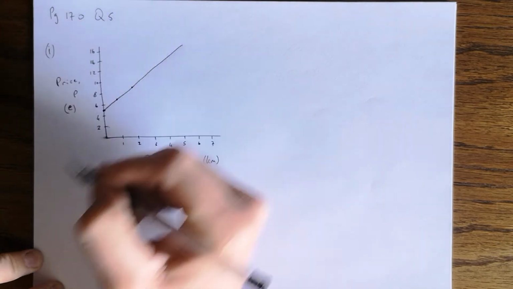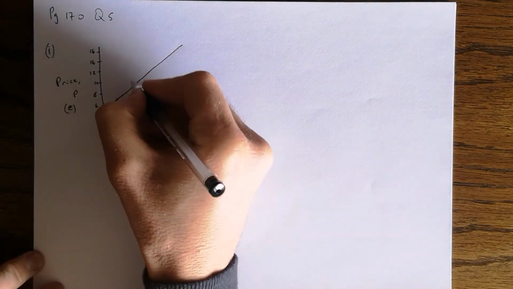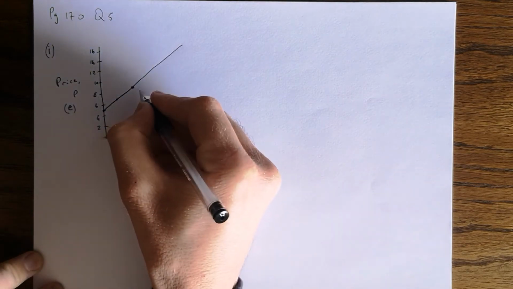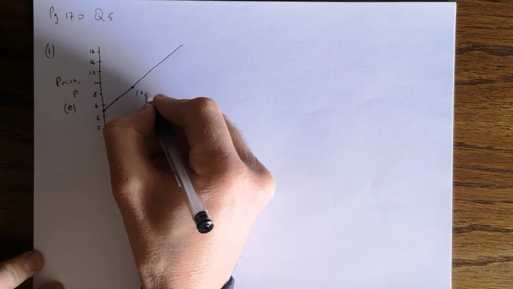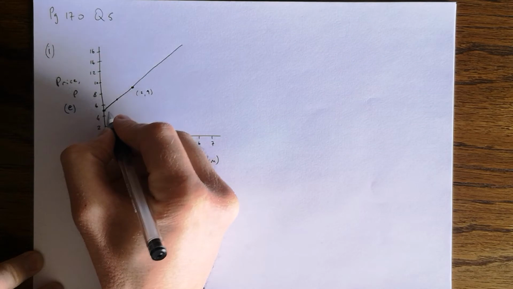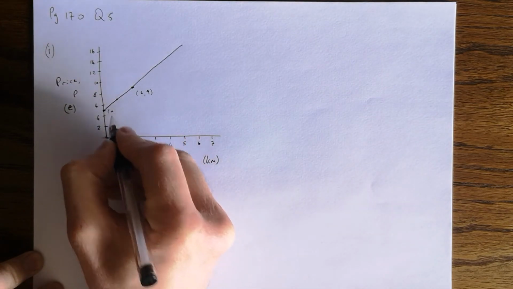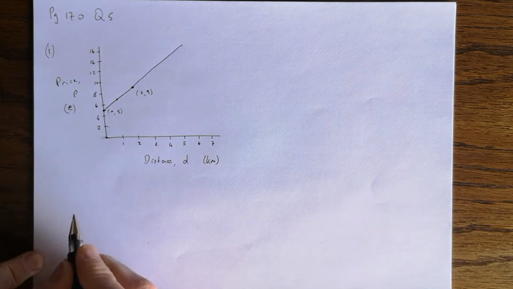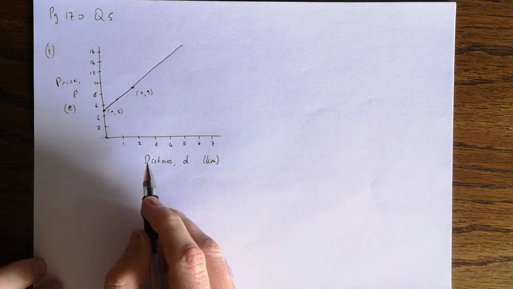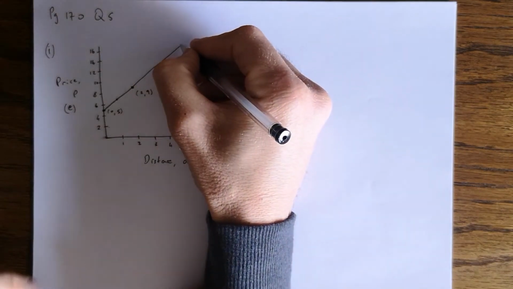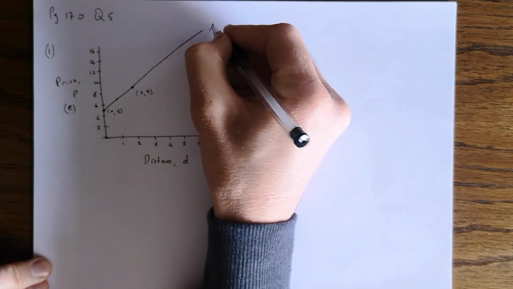Some of the points I'm going to mark on that: this is the point (2, 9), and this is the point (0, 5). So there are 2 points on it, and I'll mark them because I have to find the equation of the line in another question. I'll mark that as firm A.